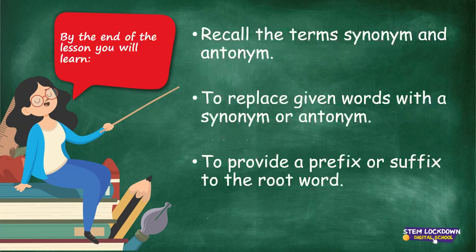So with the activity that we have just done, I'm hoping that you will be able to recall the terms synonym and antonym, and when given a word, you'll be able to replace it with a synonym or an antonym, as well as the prefix and suffix.